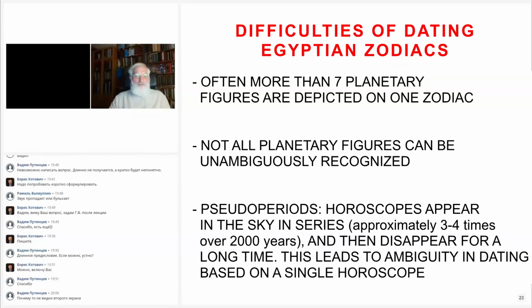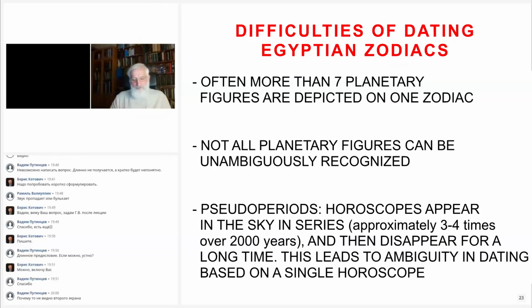It's not as if a horoscope appears, and then after thousands of years, it appears again. No, if a certain horoscope appears, then after a few hundred years it may approximately repeat, then again after a few hundred years, but with less precision, and then it disappears. Horoscopes in the sky appear in such series.